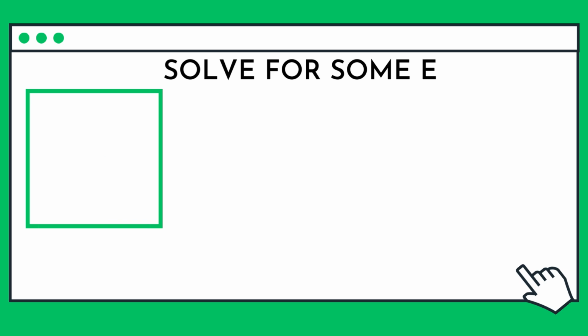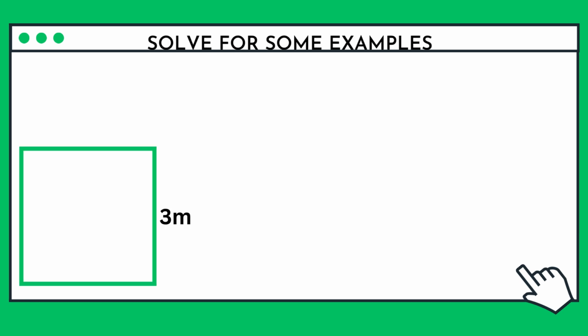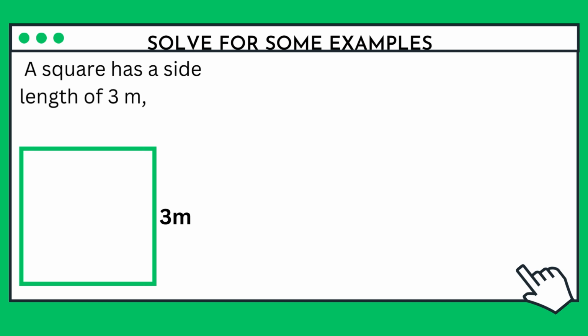So, let's have some examples para mas lalo nating maintindihan. Sabi dito sa ating first example, a square has a side length of 3 meters. What is its area? So, ang formula, A is equal to a squared.